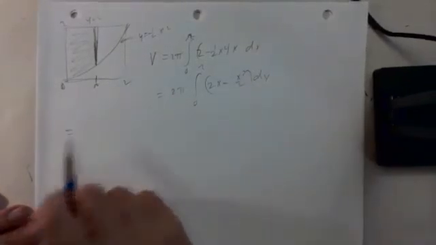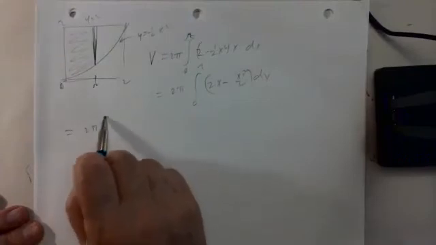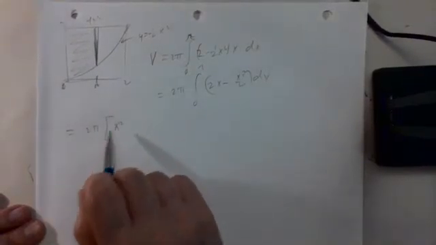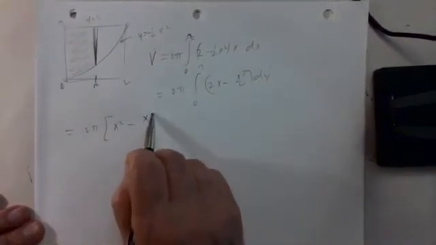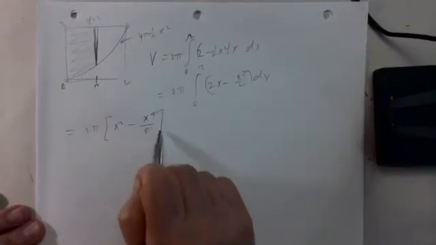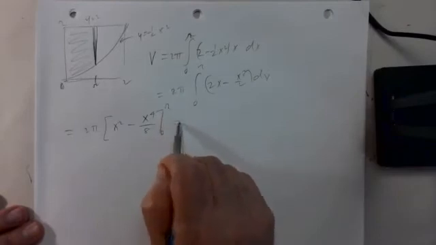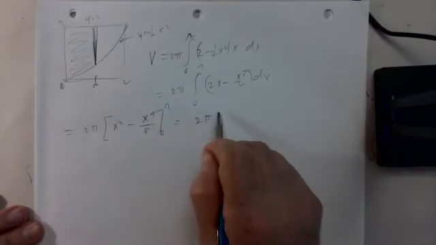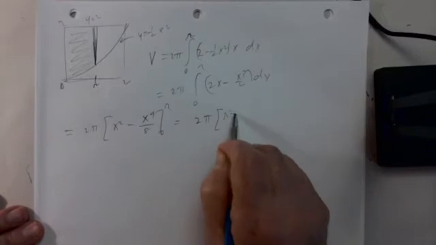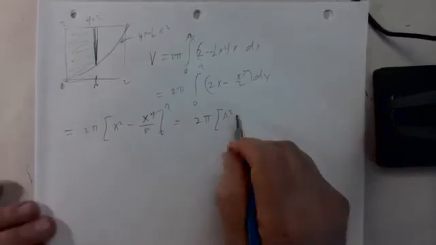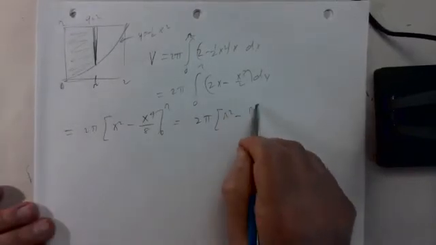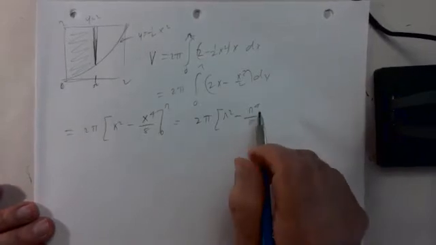That's exactly what we got before. 2 pi, the integral of x squared minus x to the 4th over 8 from 0 to r. So that's 2 pi times r squared minus r to the 4th over 8.